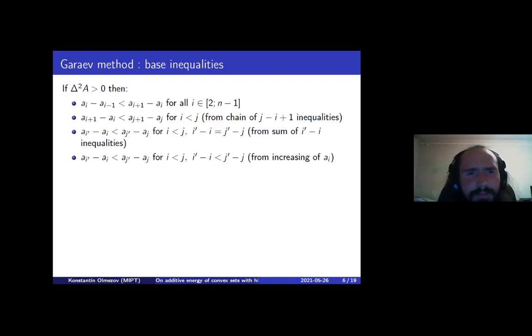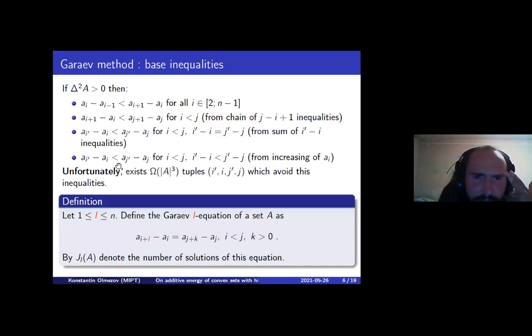The main part of this approach is the idea that we can merge and sum inequalities from the definition of convex sets to obtain new inequalities. See the following line on the slide.